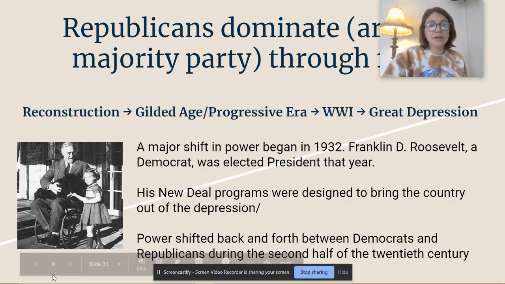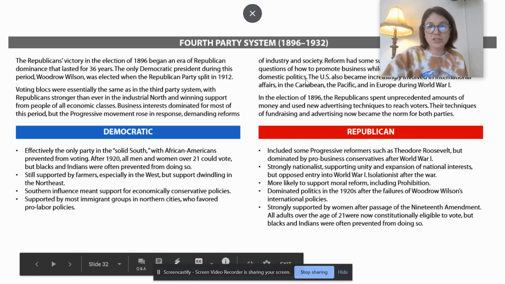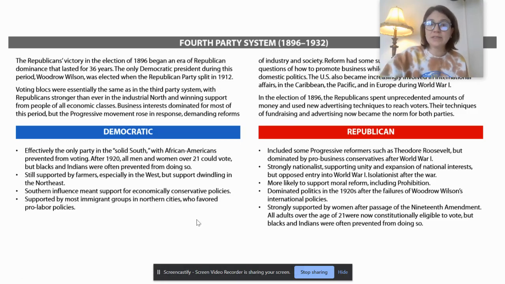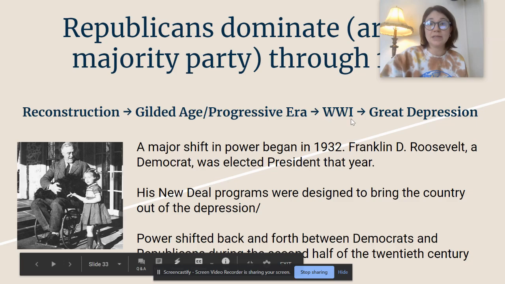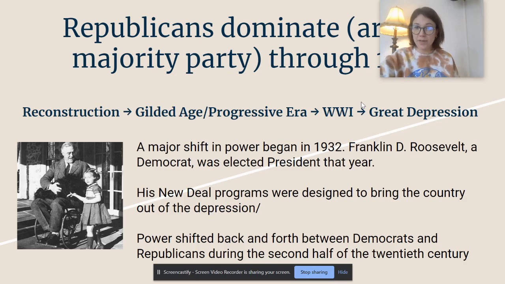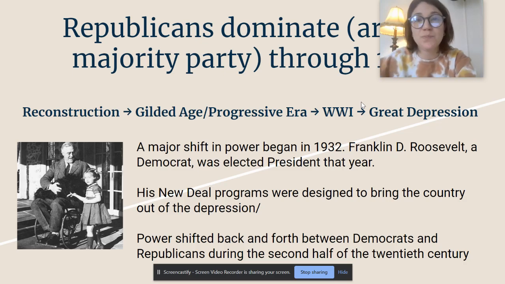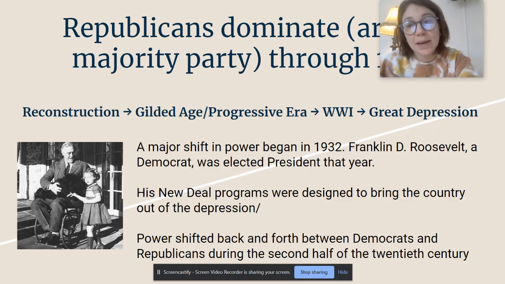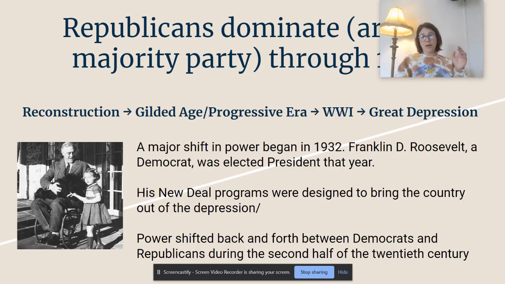The Republicans, especially through this period, were so aligned with big business that when the big businesses and the stock market crashed, a lot of people blamed the Republican Party. They said it was your policies that allowed these businesses to act so irresponsibly, and that helped get the Democrat Franklin D. Roosevelt elected. The main thing is his New Deal programs.